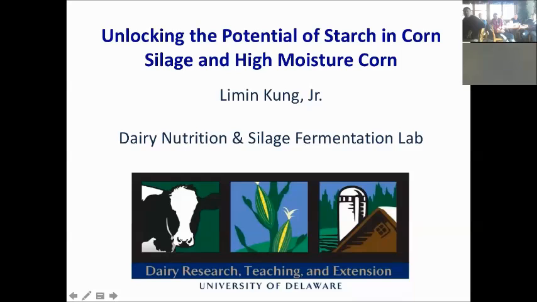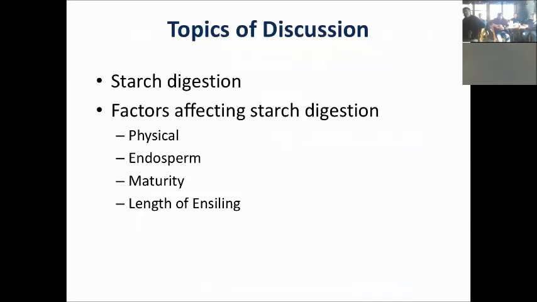factors that affect the metabolism and digestibility of starch, anywhere from processing to particle size to endosperm, etc. Okay? So here are the topics of discussion. We're going to talk a little bit about metabolism of starch, where it happens, why it's important.